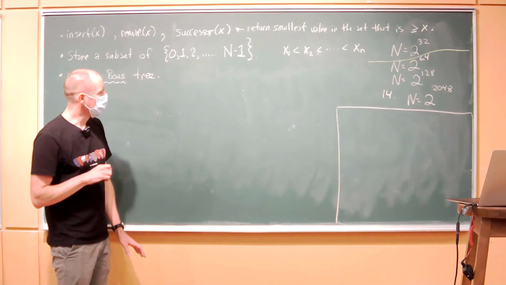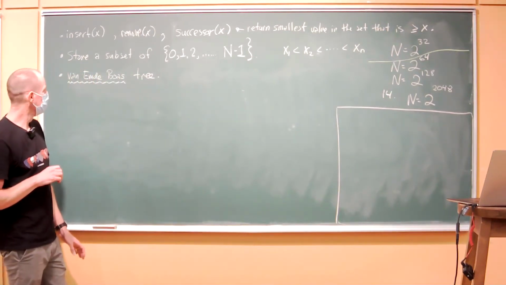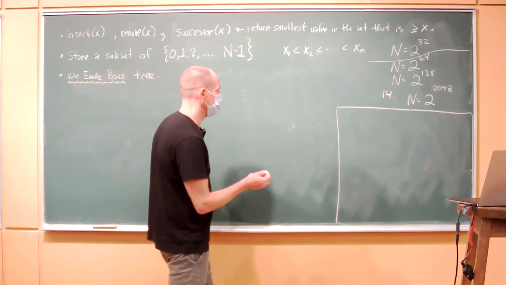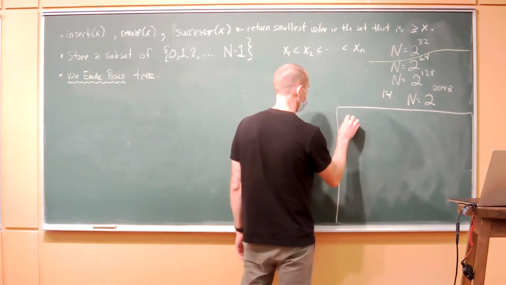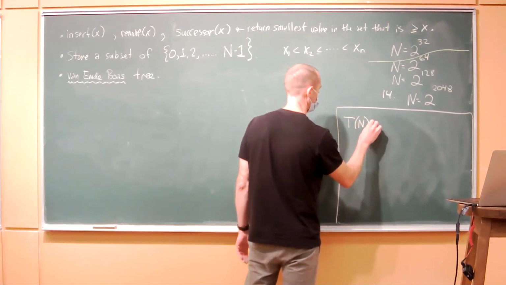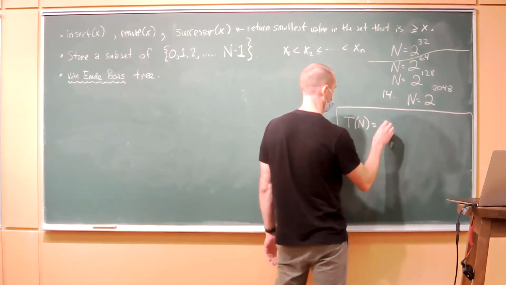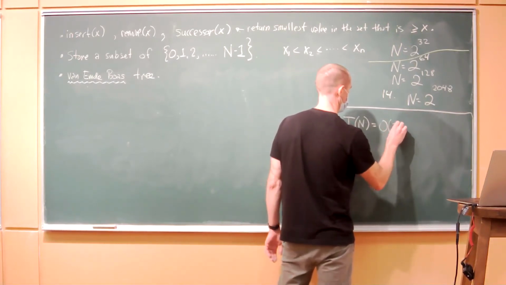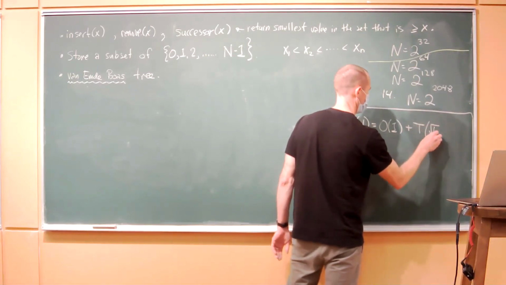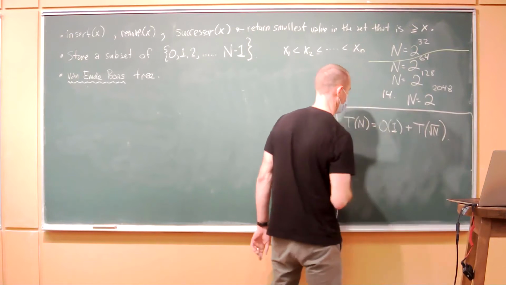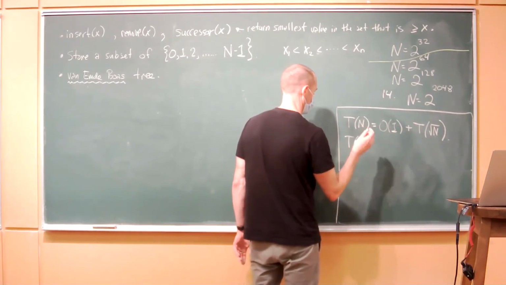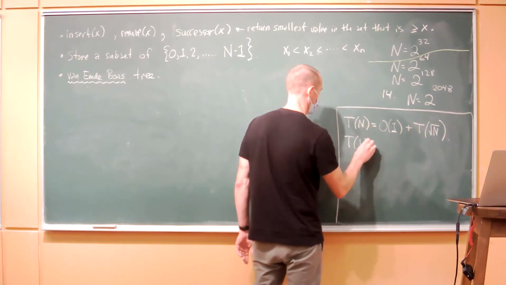And it illustrates also one of the recurrences that's useful. So it's based on this recurrence. T of N equals T of square root N plus a constant.